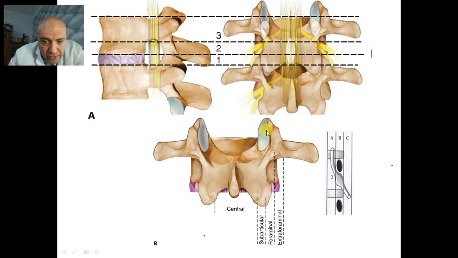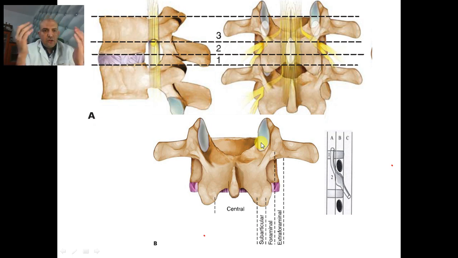The superior articular process is like this, and the inferior articular process catches like a hook catch mechanism, just introductory for spondylolisthesis.